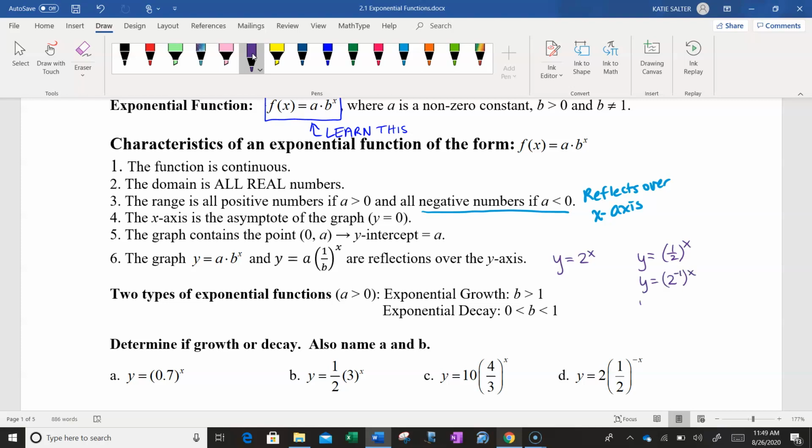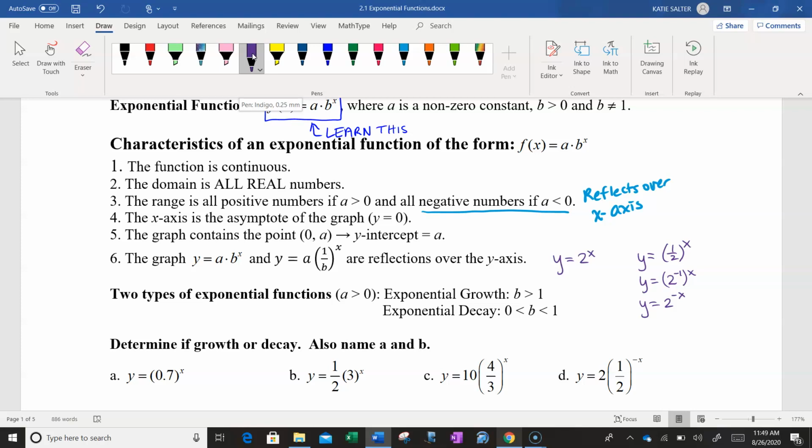So that makes that y equals 2 to the negative x. Remember what we learned. Anytime you have a negative inside the function, it reflects over the y-axis. So you can see that y equals 2 to the x right here and y equals 2 to the negative x algebraically meet that transformation.